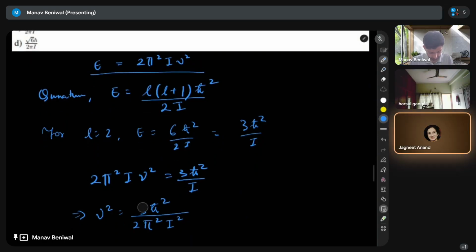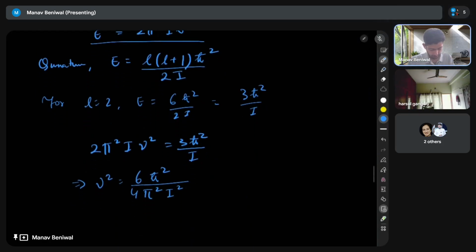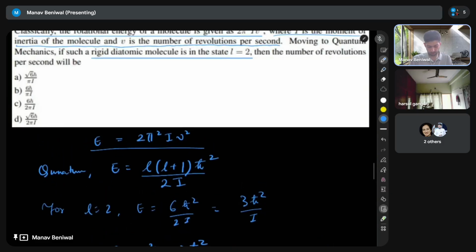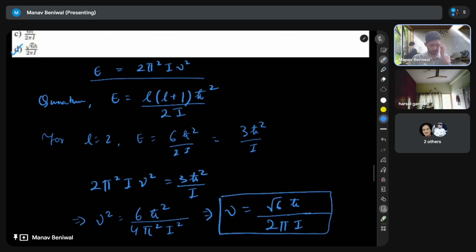So nu is nothing but under root 6 h cut by 2 pi I, which matches option D. So this is the number of revolutions per second.